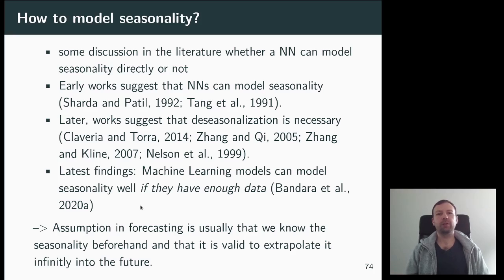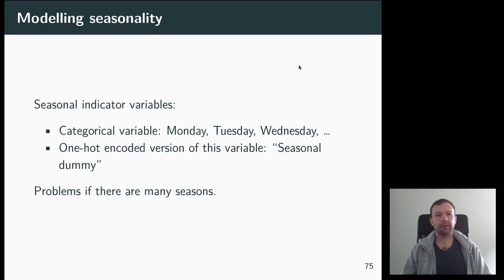Because very often what you see is that machine learners spend a lot of time automatically discovering the seasonality and so on, when in practice that's very often not an issue. So how can we model the seasonality? Well, if you assume that's something that you know and that you can put into the model, then you can, for example, use seasonal indicator variables.